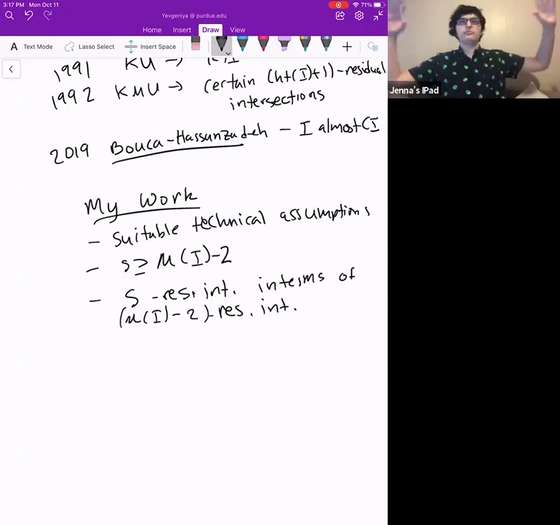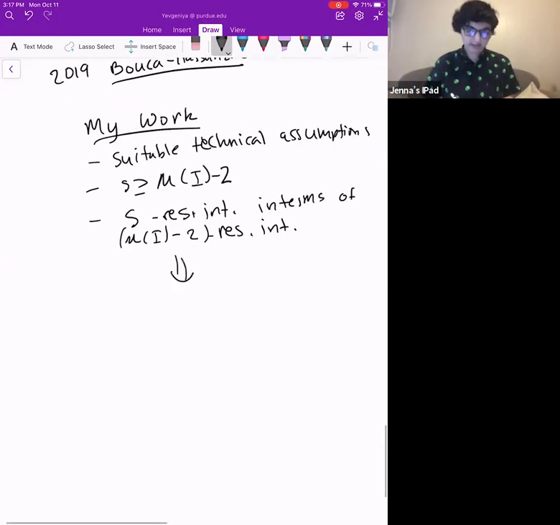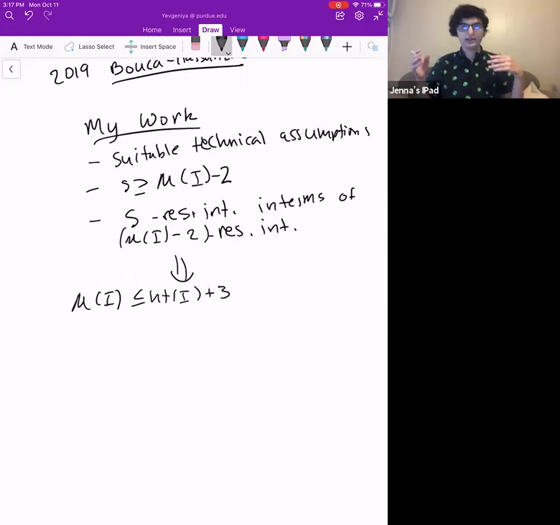So we take really potentially very big, complicated residual intersections and break them down into smaller, more comprehensible ones. And in fact, very interestingly, if the number of generators of I is less than or equal to the height of I plus 3, then residual intersections for all S can be expressed in terms of links.